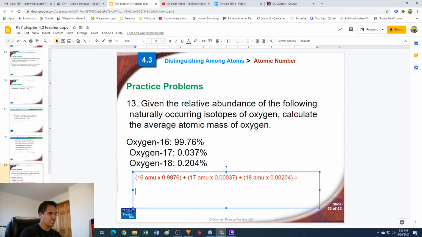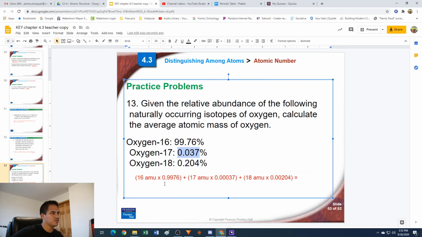So let's go 16 times 0.9976 plus 17 times 0.00037 plus 18 times 0.00204 equals, and I guess we'll round to 2 significant figures because this number here has 2 significant figures.